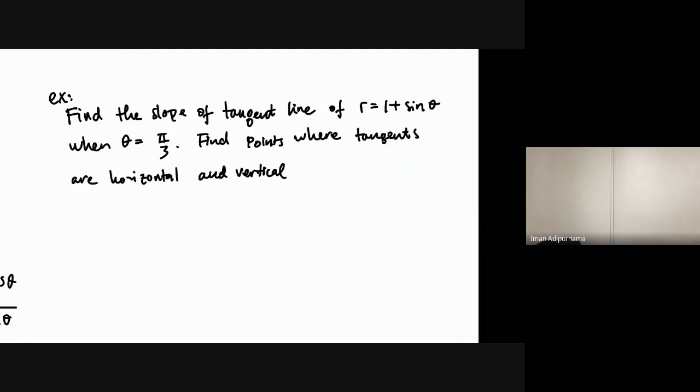And then all the other things just plug into the formula and use theta equals pi over 3 and you get the value. And again, do not force yourself to memorize all the formulas in polar. It's actually more practical if you just derive it by yourself.